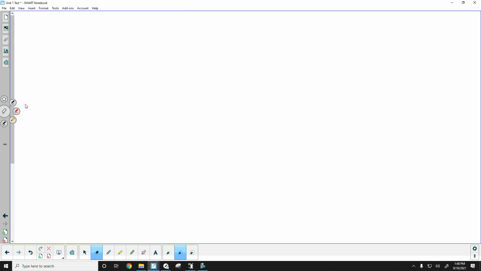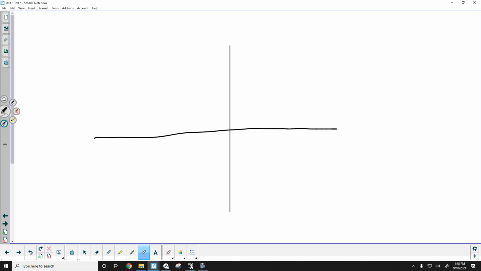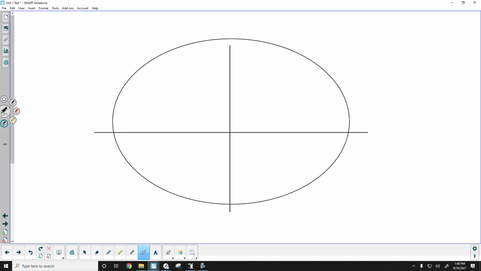Clock? No. It came from... 360 is a man-made number. 2 pi is not a man-made number. It came from a circle. Tell your neighbors, what kind of circle gave us 2 pi? And what about the circle gave us 2 pi?